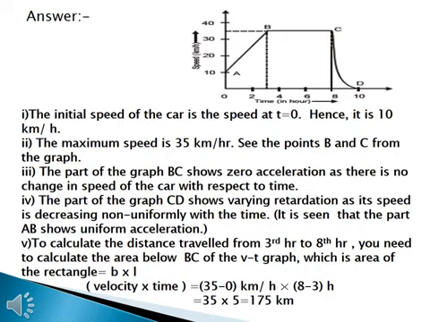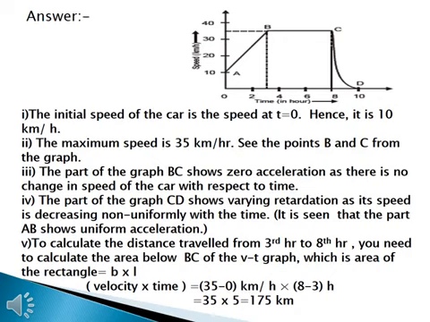Third one is, which part of the graph indicates zero acceleration? From this graph, the part BC is parallel to the x-axis, which shows that the speed is uniform. Here there is no acceleration. Fourth one is, which part of the graph shows varying retardation?